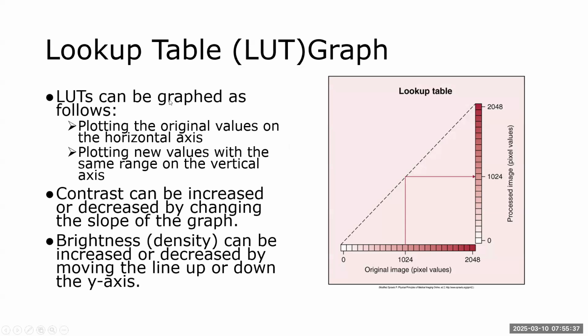So when we talk about the lookup table, those values can actually be plotted, okay? Plotting the original values on the horizontal axis. So this would be our original pixel values, our original data set, the information that we're giving the computer. And plotting the new values with the same range on the vertical axis.